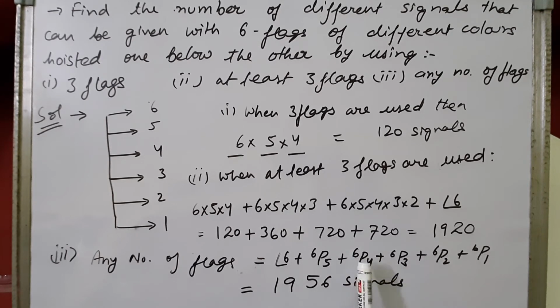How many permutations, how many signals will be obtained? 6P4. When 3 flags are used, when 2 flags are used, when 1 flag is used. So when we add all these permutations, we'll get 1956. So 1956 is the number of signals that can be obtained using 6 flags, taking any number of flags at a time. Alright children, please note down.